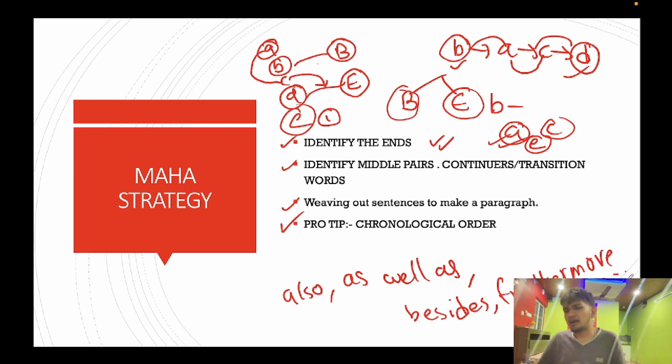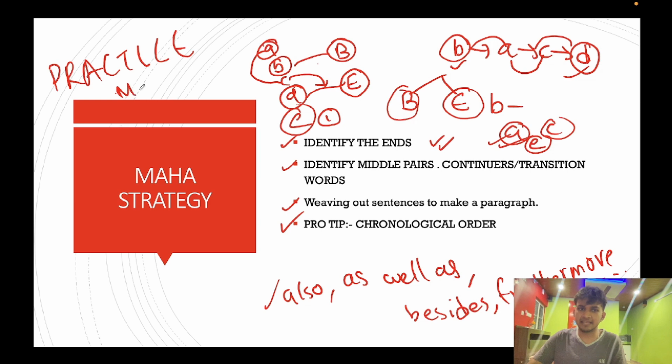Look, once you start practicing, you will obviously figure out what these continuity and transition words are. You will figure out how they are used and all of that. All you need is practice. Practice is actually the Maha strategy. I'll write it Maha square, because you're all IIM Indore aspirants and you need to understand and decode this strategy.